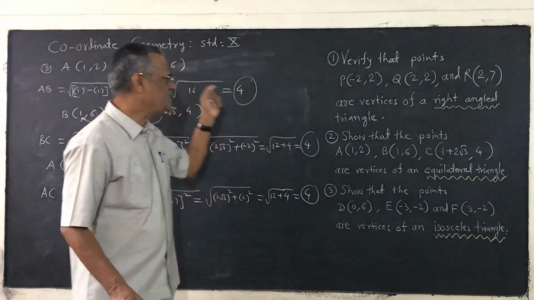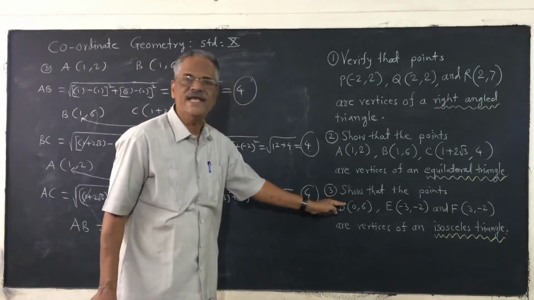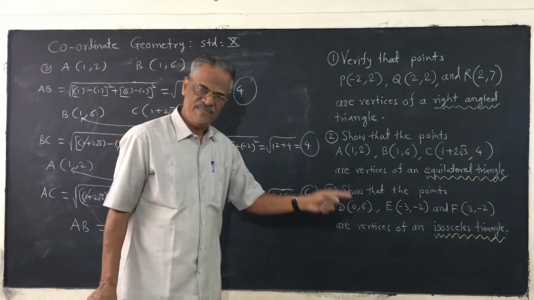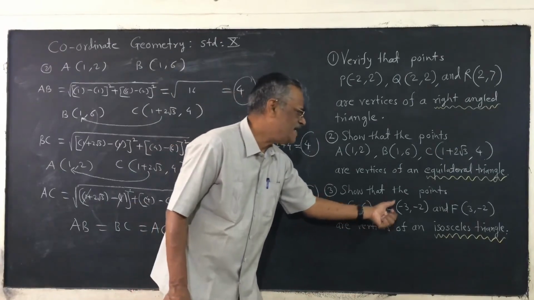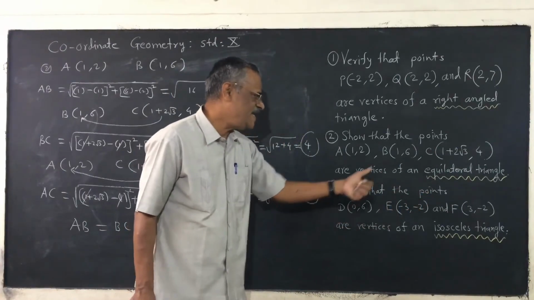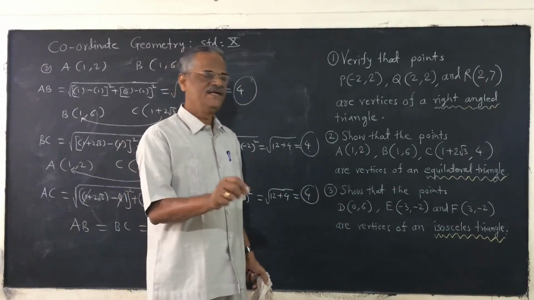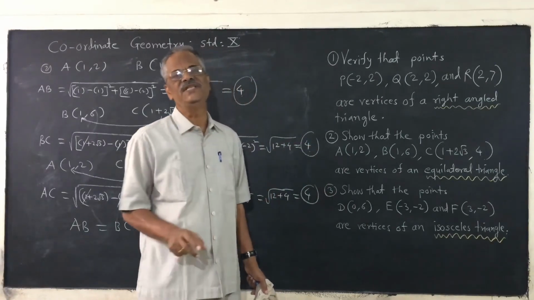Now by using the distance formula, you can try to solve the third example, that is for your practice. Remember that you calculate DE, then you calculate EF, then you calculate DF, and if you find two sides are equal, definitely you can write it is an isosceles triangle.